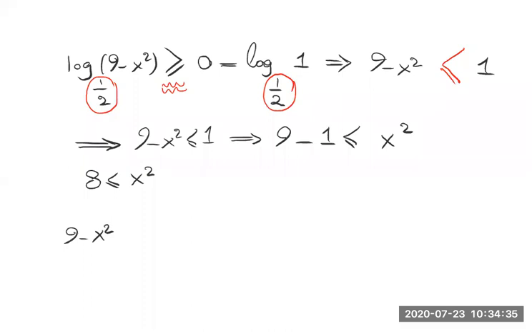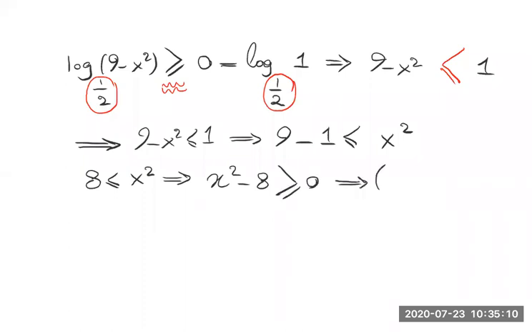What does it mean about x? Yeah, I wouldn't touch the equality. If I change the direction of the inequality, this equality will stay. Okay, so it means x squared minus 8 is greater or equal than 0.